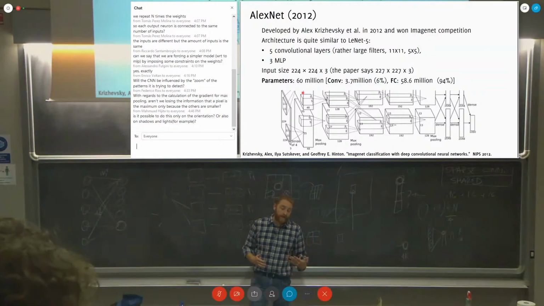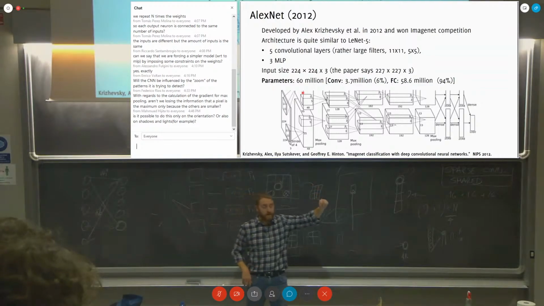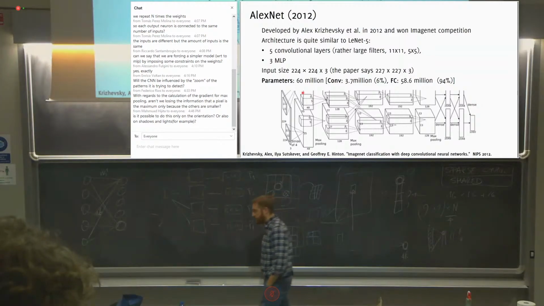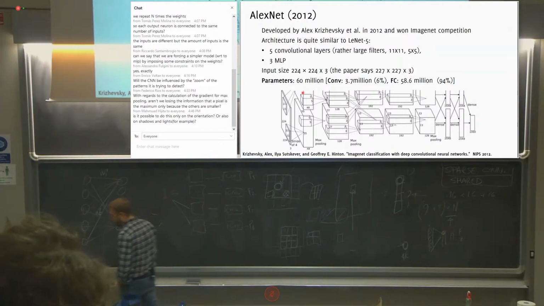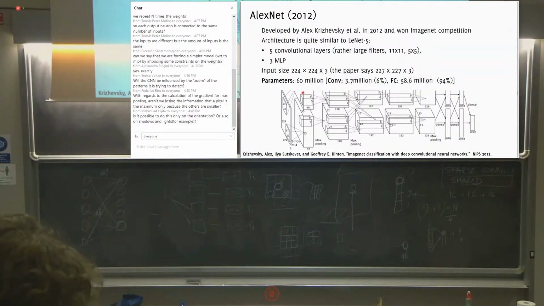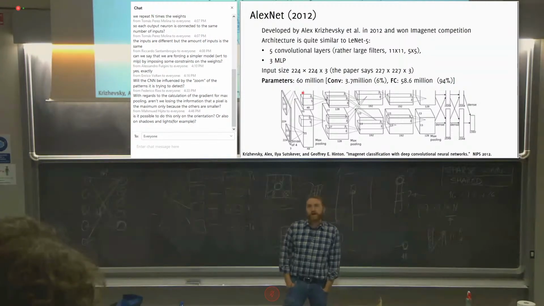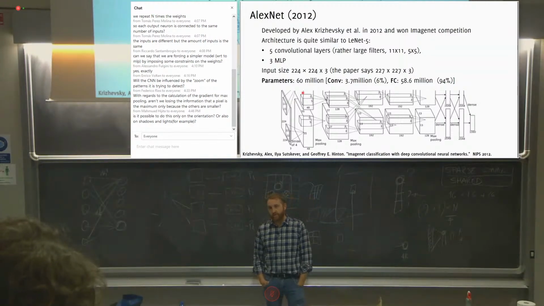Five convolutional layers, and then 3 layers of a multi-layer perceptron. They were able to take as input images that were 224 times 224. They say 227, but probably that's a typo in the paper because it should be 224. It has a huge number of parameters, 60 million, as we mentioned before.